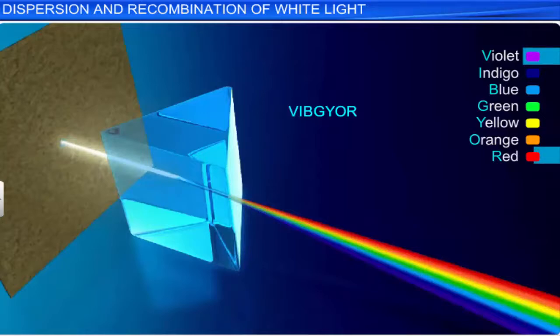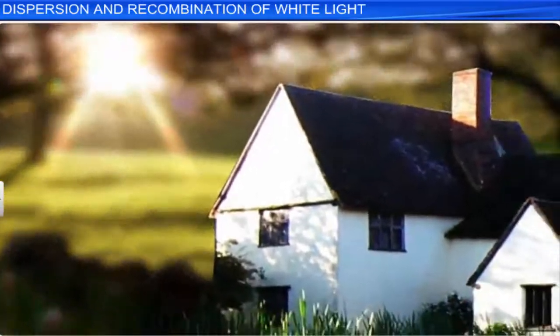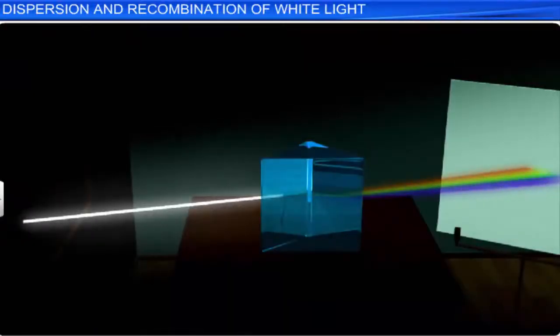The spectrum can also be obtained when white light from the sun is incident on the prism. Sir Isaac Newton conducted an experiment in which he allowed white light from the sun to enter a darkened room through a small aperture in a window, and placed a glass prism in the path of the rays.